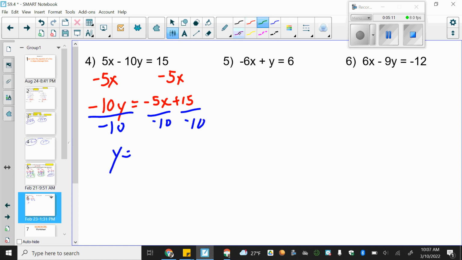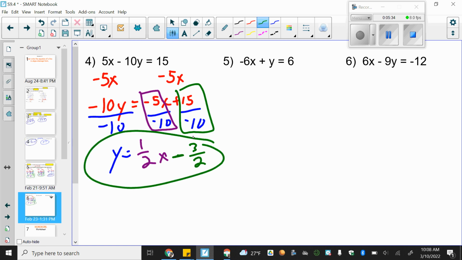Here's my first fraction, 5/10. So we know negative divided by negative is positive. 5 and 10 can both be reduced by 5 to get me 1/2 x. And then 15 and 10 can be divided by 5, and positive divided by negative is negative. 15 divided by 5 is 3. 10 divided by 5 is 2. We have y equals 1/2 x minus 3/2.